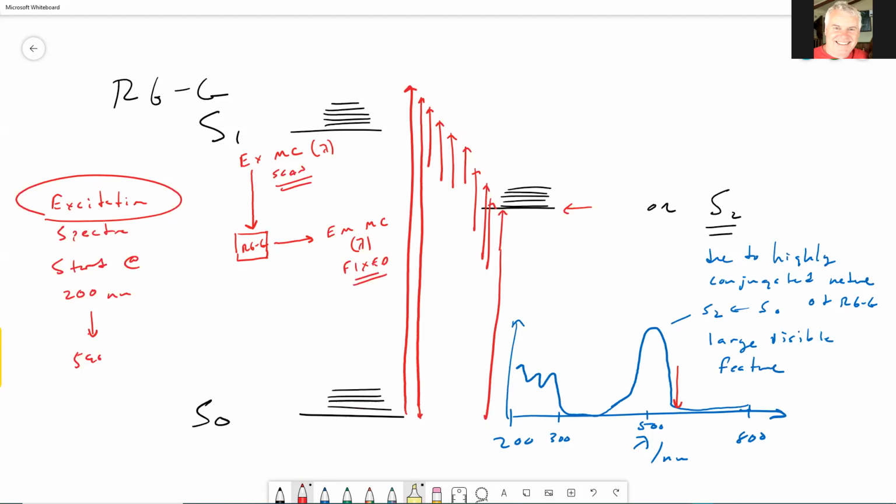And we're starting with the high energies and we're going to go to the low energies. And pretty much what we see is a copy that looks like that. So the red here is now the excitation spectrum.